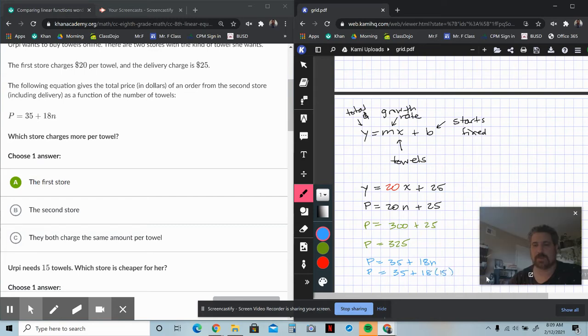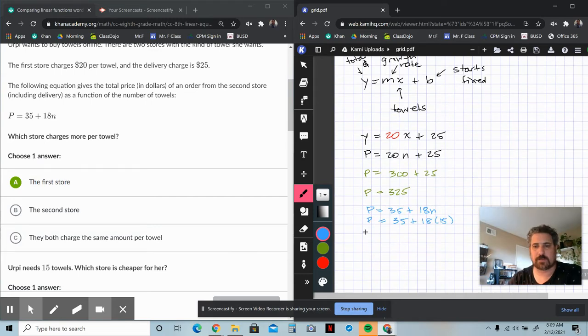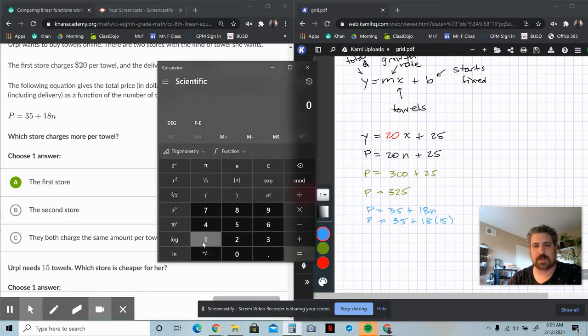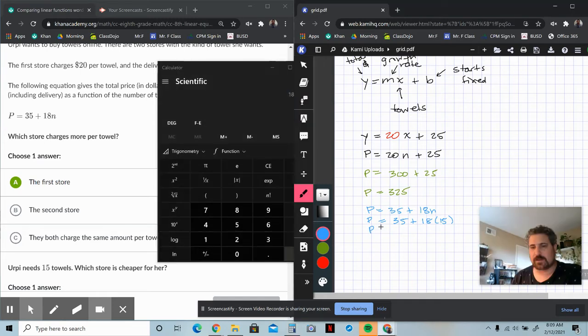Now 18 times 15, I'm going to do on the calculator. 18 times 15 is equal to 270. So that's only 270 for the total towel cost. Then you have this initial delivery fee as well. So what's 270 plus 35? The total cost here is going to be 305.